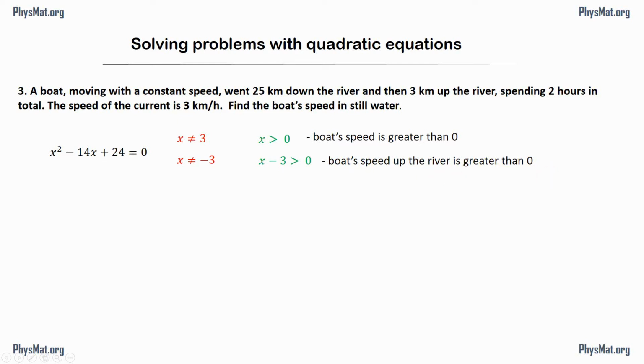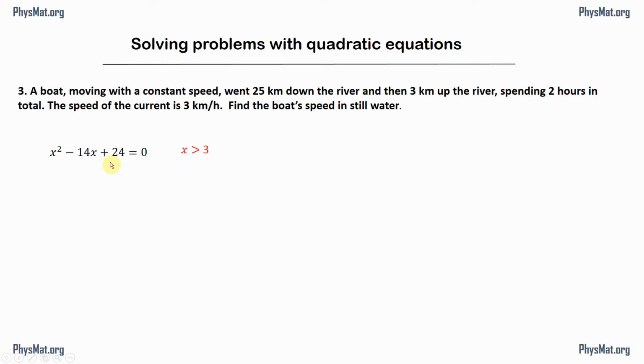Otherwise, your boat wouldn't be able to reach that 0.3 kilometers up the river. That means that x minus 3 is greater than 0, or x is greater than 3. So therefore, we can say that our conditions that x is not equal to 3 and minus 3 should always be fulfilled for physically meaningful solutions of our equation.